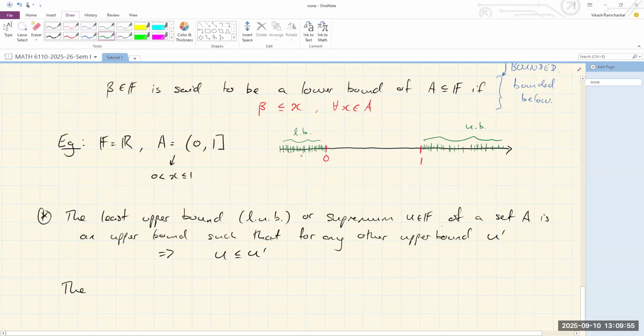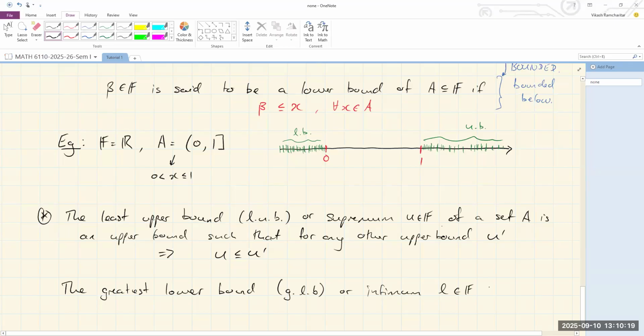So we want the largest lower bound, or the greatest lower bound. So the greatest lower bound, sometimes called GLB, or the infimum. So we'll give it a letter L belonging to the field.